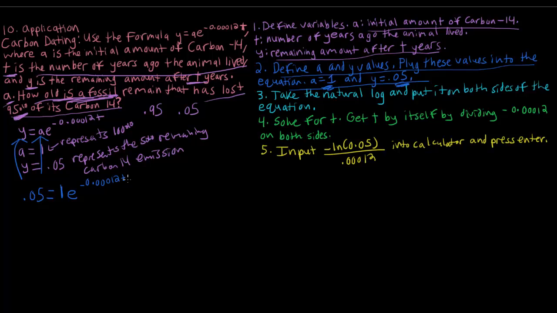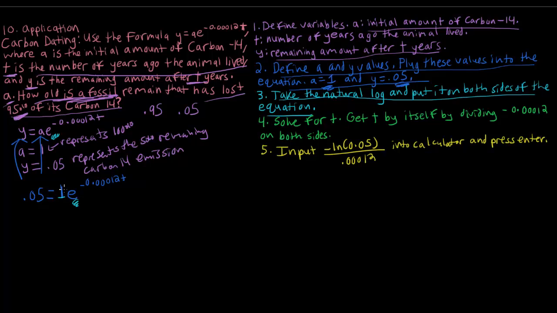Now for this equation, for step 3, we want to go ahead and take the natural log and put it on both sides of the equation. We're doing that because remember we have this Euler function here.